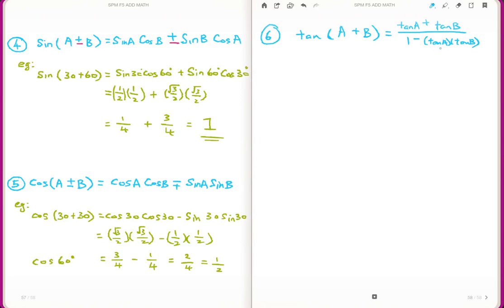It behaves like that. This is plus, this is minus. In the event that it were to be minus, then the numerator will be minus and the denominator will be plus.